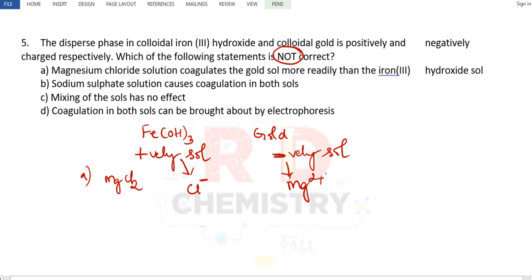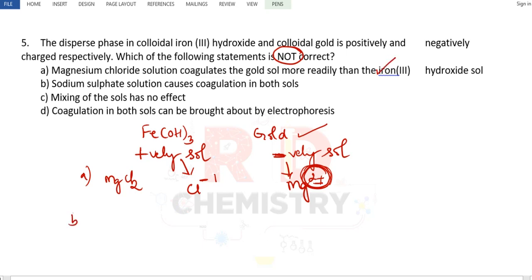See the valency, larger the charge on the active ion, easier is the coagulation. That means compared to the ferric hydroxide, gold sol can be easily coagulated, because larger the charge. It is a -1 here, okay. So option A is the correct statement.